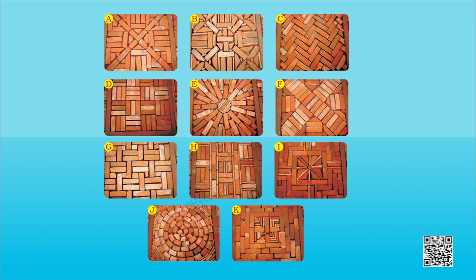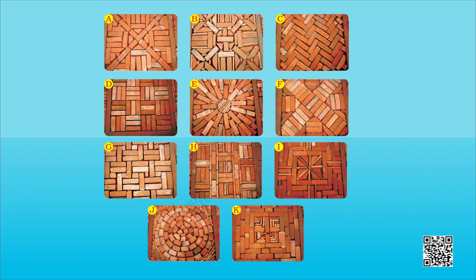Now let me ask you some questions. Observe these patterns and try to answer. Which pattern is made in circles? Yes, you are right. The pattern which is given in figure J is made in circles. In which patterns you can see mirror halves?